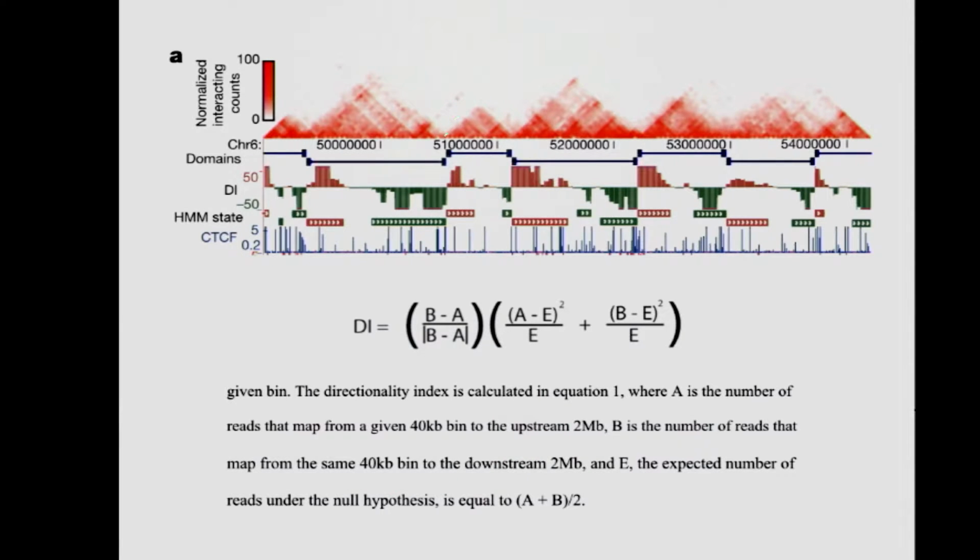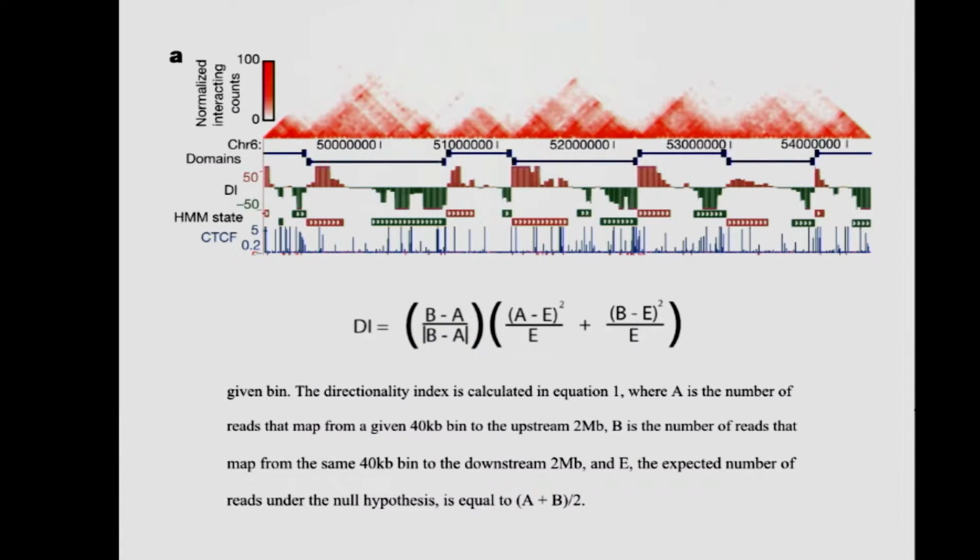So you're basically looking at everything that's in this bin, counting the number that map in the 2 megabases upstream and downstream and taking a ratio. That's going to give you this index, and when it hits 0, you're basically equally upstream and downstream. That's how they're defining these boundary points, when you have no mapping bias upstream or downstream. The problem with this is it really is not able to account for the fact that domains probably are hierarchical.